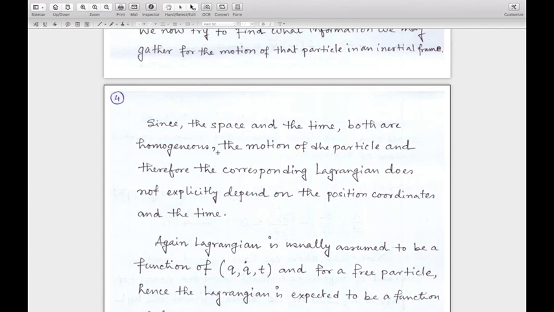That is because finally we want to avoid all the complexity arising due to the inhomogeneity of space and time and the anisotropy of space.